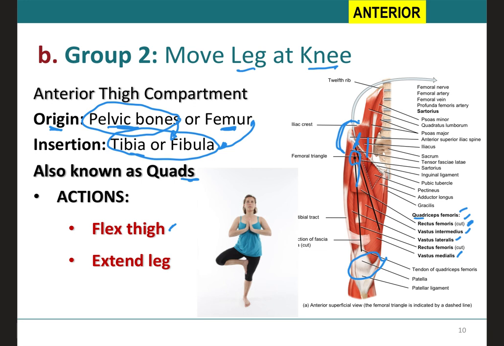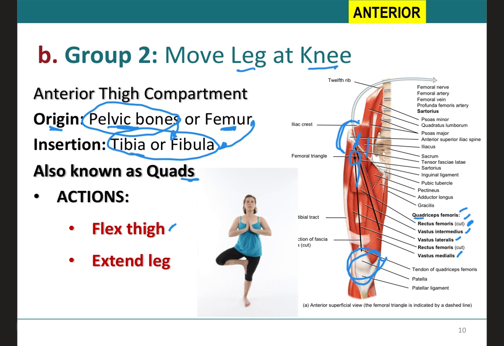Now all four muscles, the rectus femoris, the vastus intermedius, vastus lateralis, and vastus medialis, will come together over here at the knee, and they will cross the knee joint.